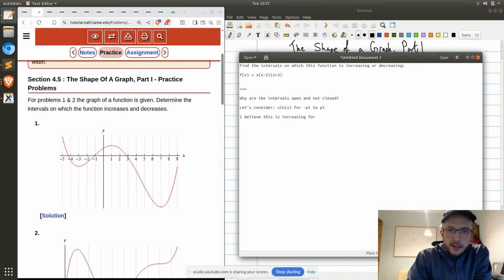Increase, I believe this is increasing for, wait. Minus pi over 2 to pi over 2, closed interval. That's what I think.